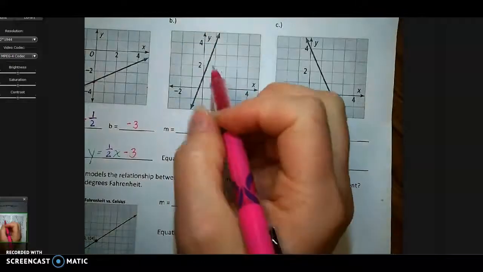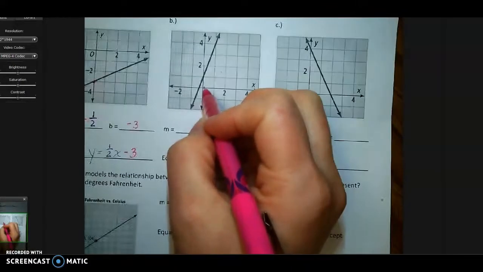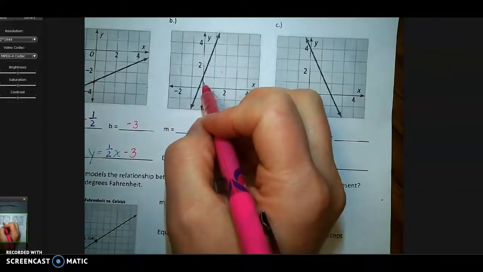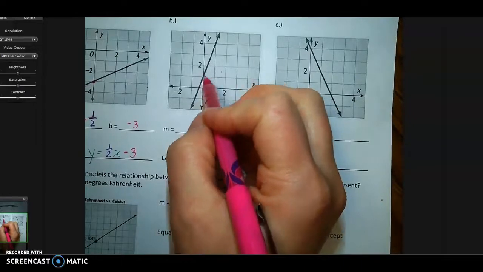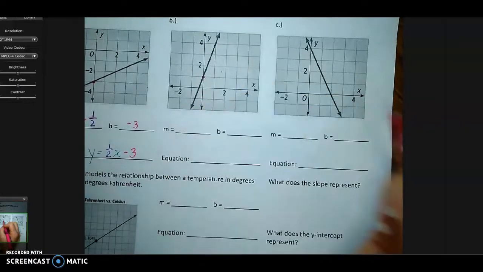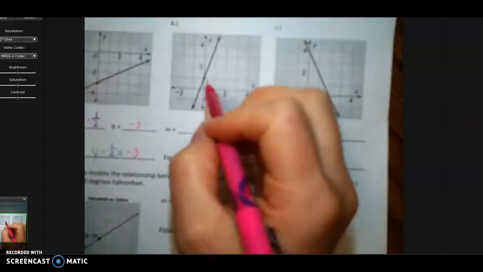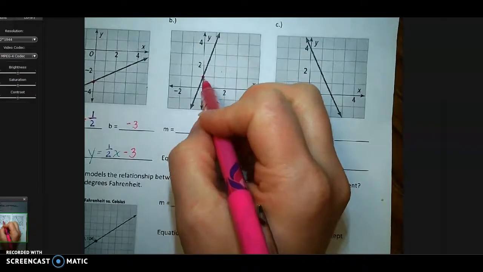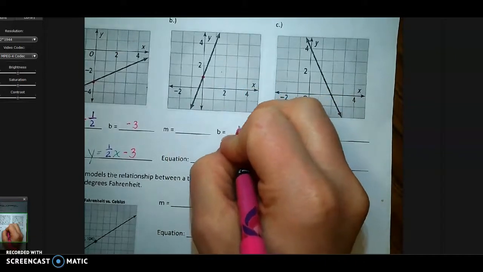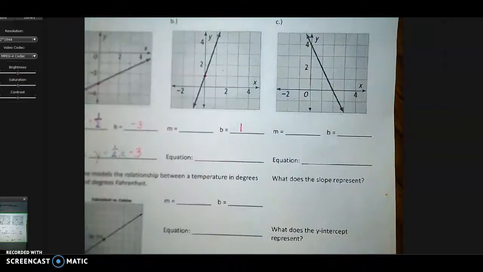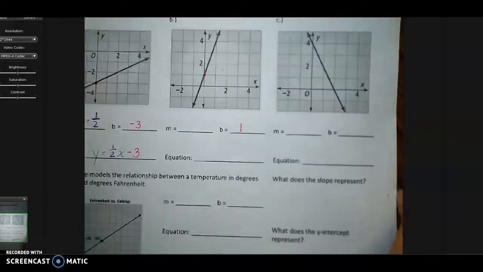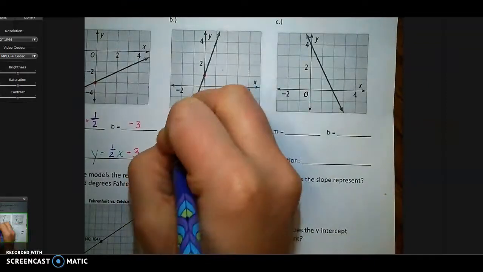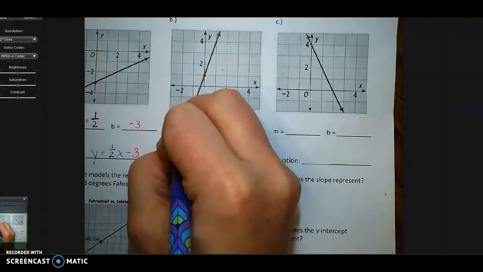Our next one here, we notice it's not going through the origin again. So I'm like, where's it going through? It's going through at that point right there. So this time I'm just going to find my y-intercept first. My y-intercept is at the point +1. Then I want to identify my rise over run.